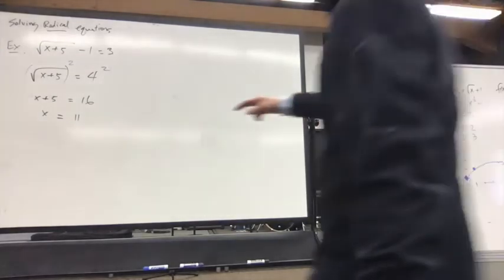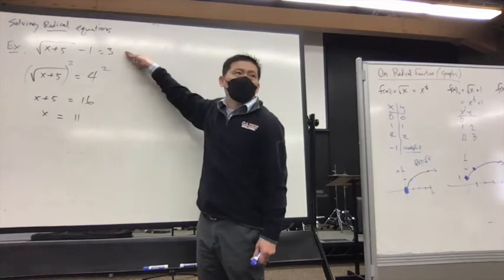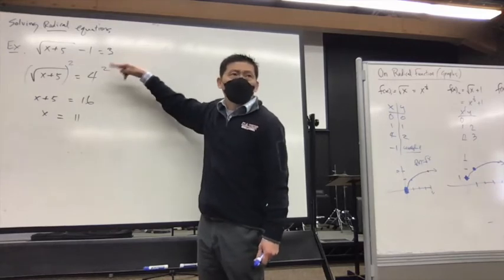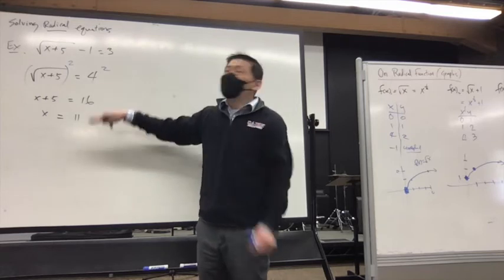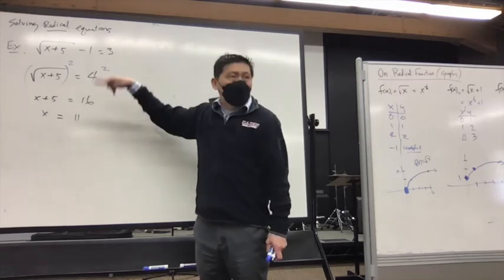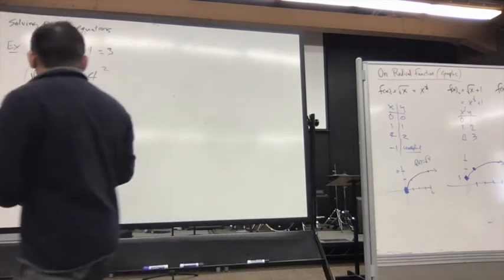This is not the same as the original equation, because you squared the whole thing. Whatever answer you end up with may still fit the original equation, but it may not. We're not sure, so we've got to check. You always have to check.